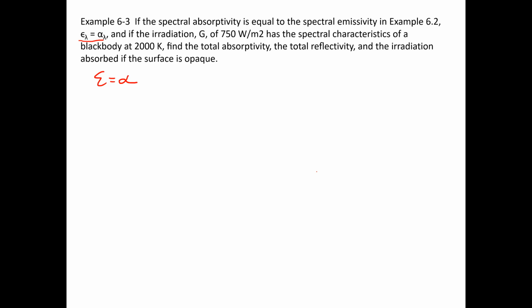So that would require us first to recompute the two lambda T values we had. The first range of wavelengths ends at 1.5 microns. Multiply that by a black body temperature of 2000 Kelvin, and that gives us 3000 micrometer-Kelvin.